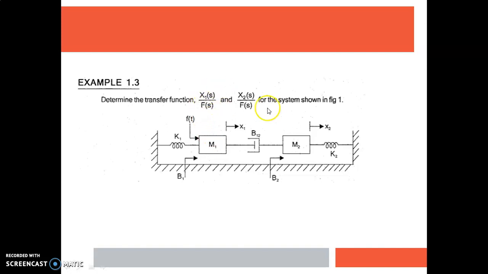There are two responses, displacements x1 and x2. So you have to find out x1 of s by f of s and x2 of s by f of s. All other things are similar, so you try to do this problem. This is a homework. Okay, thank you.